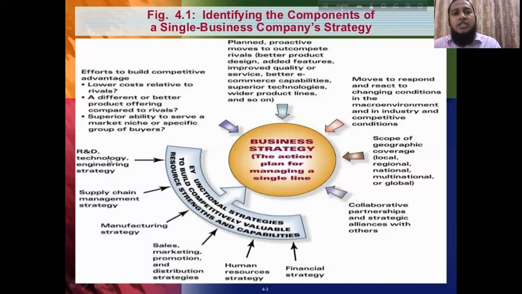And research and development, technology, engineering strategy: research and development strategy will include introducing new products, new services in order to meet customers' demand, expectation and want.